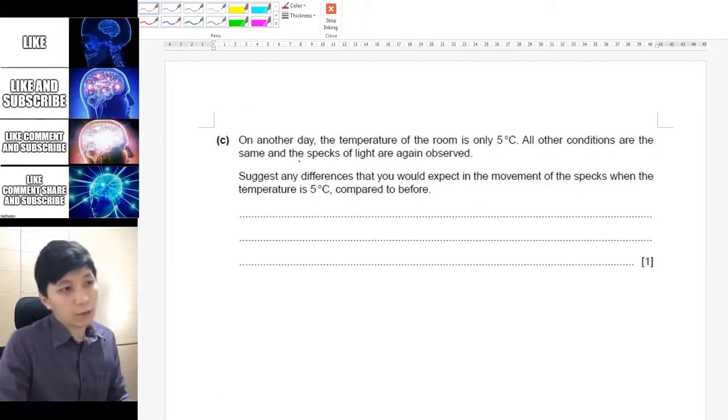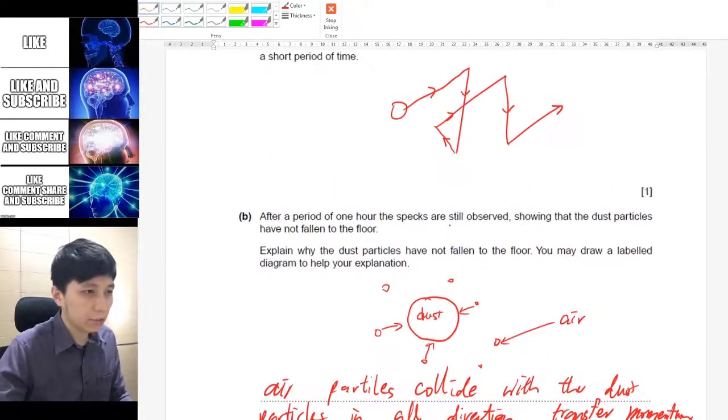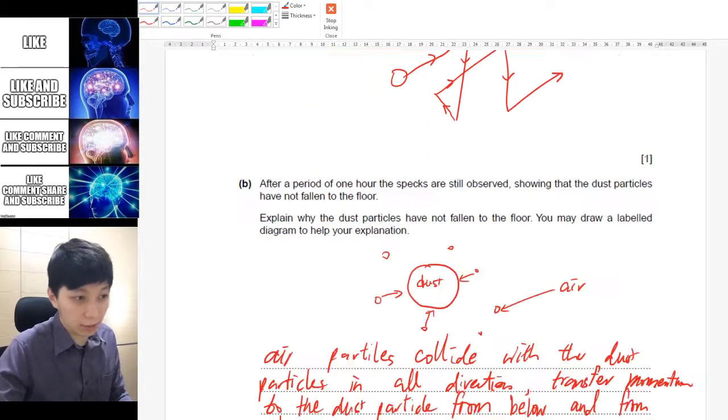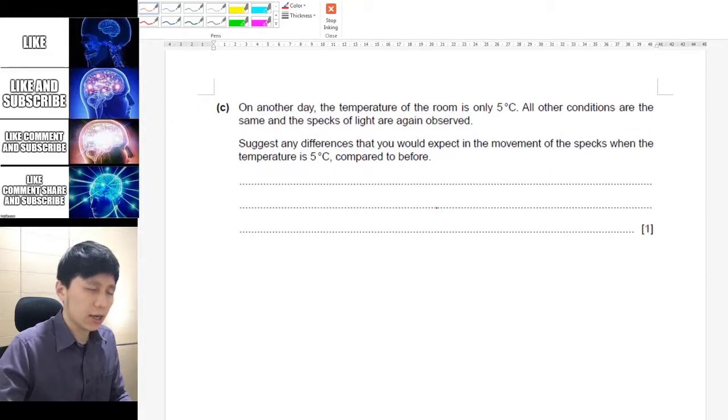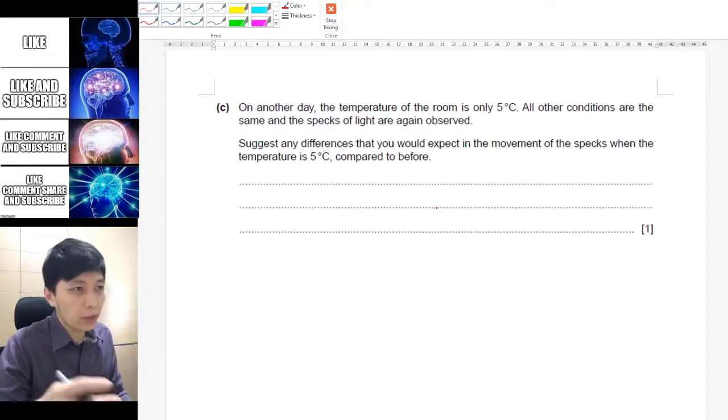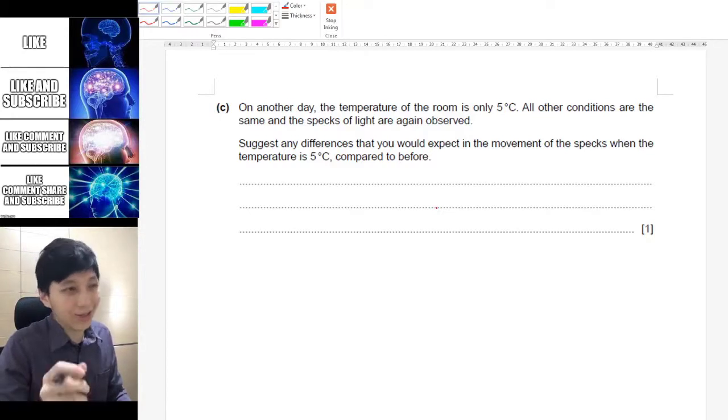Part C asks about when the temperature is only 5 degrees Celsius. So earlier you have to double check, it was 15 degrees Celsius. So now it's colder. And according to, again, the kinetic theory that we have talked about, the kinetic energy will be less.